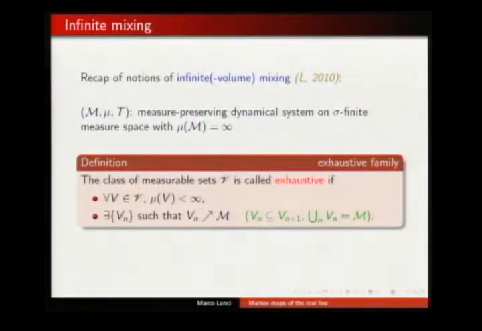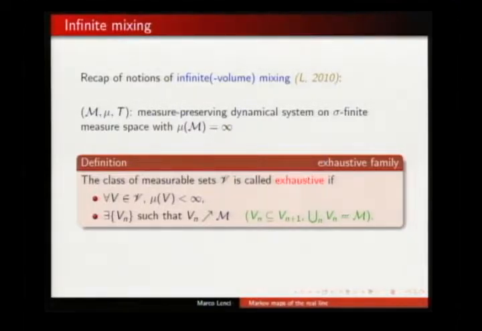So on your system, you define on a case-by-case basis, depending on what system you have and what you can prove or want to prove for this system, a family of large boxes, which you call the exhaustive family, as in exhausting the whole phase space. So each of these large boxes is a finite measure set, and for coherence, you want to have at least one increasing subsequence that covers the whole space.